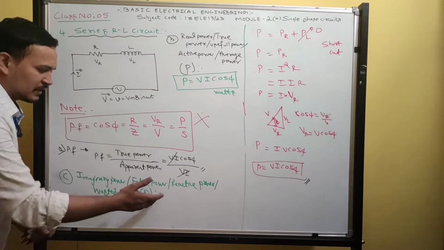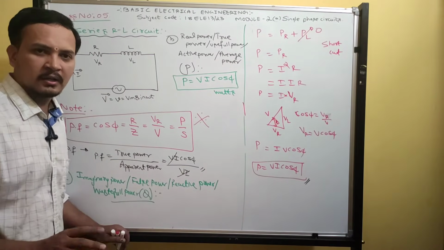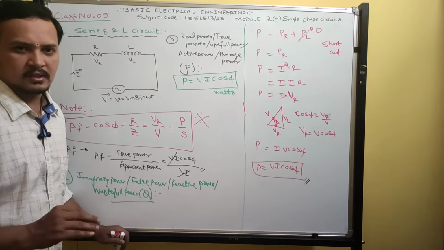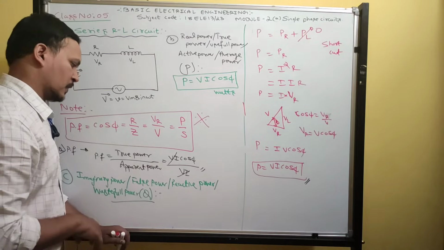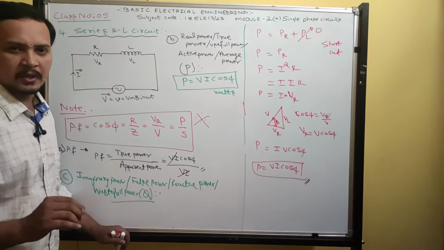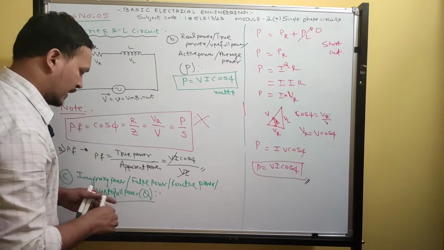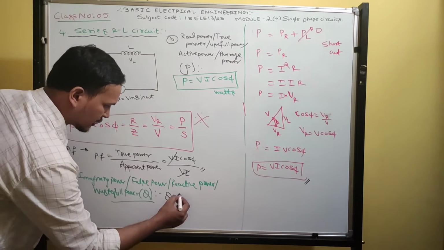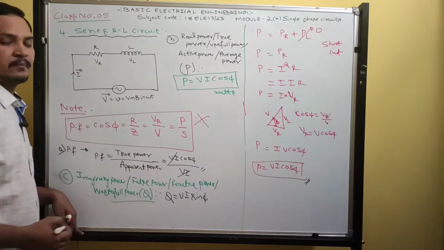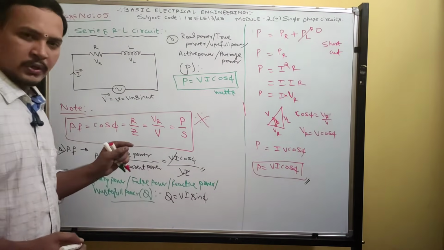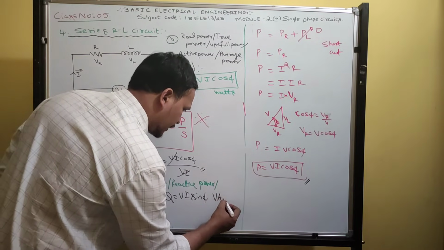So, what is the definition? The imaginary component of apparent power is called reactive power, and is given by Q is equal to VI sin phi, and its unit is volt ampere reactive.